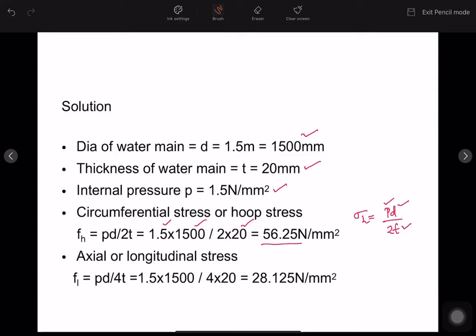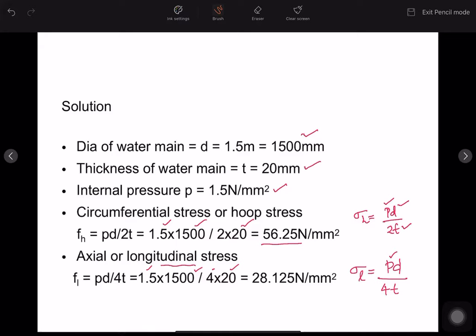So in the same manner, if we calculate the longitudinal stress, sigma L or f L is equals to PD by 4 times of T. So P is 1.5 and D is 1500 divided by 4 times of T. T is 20.